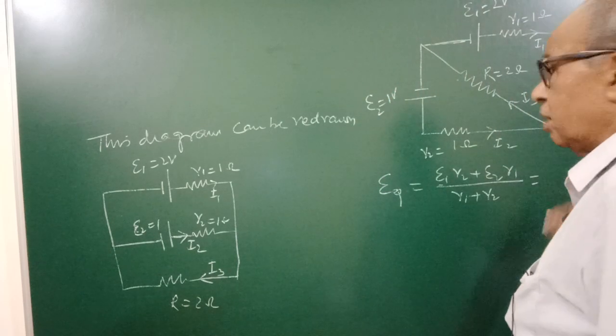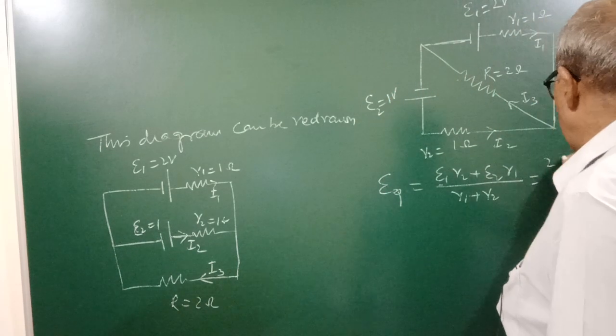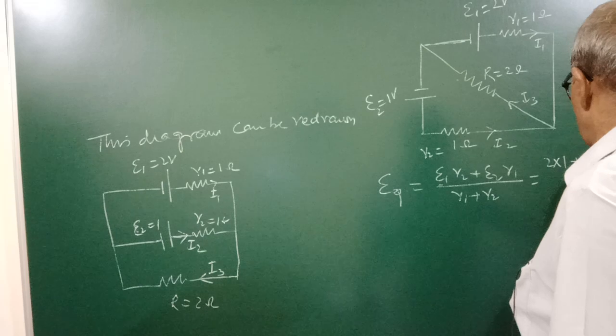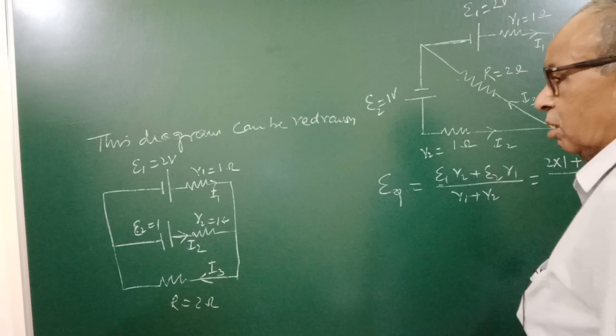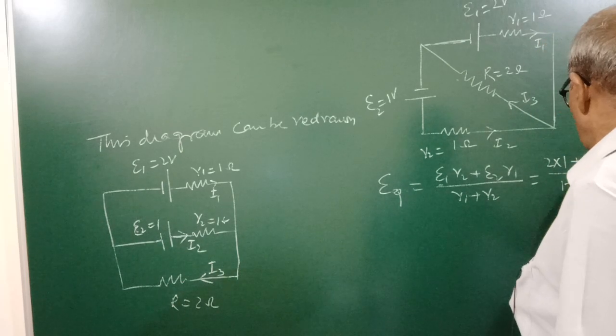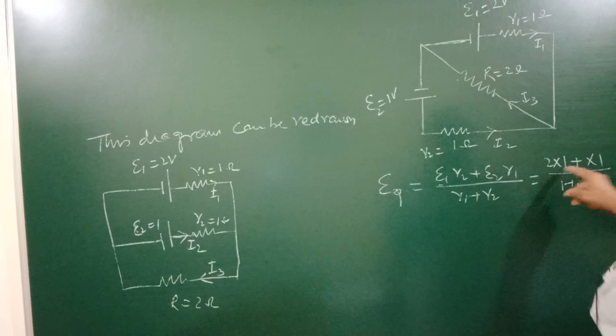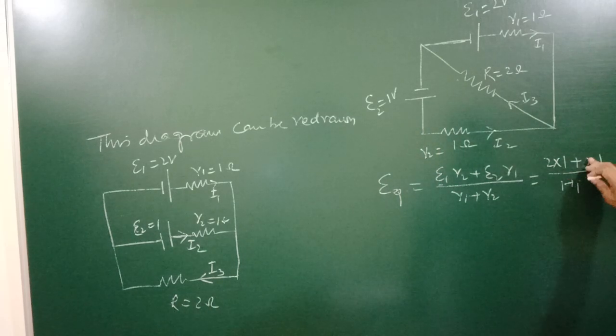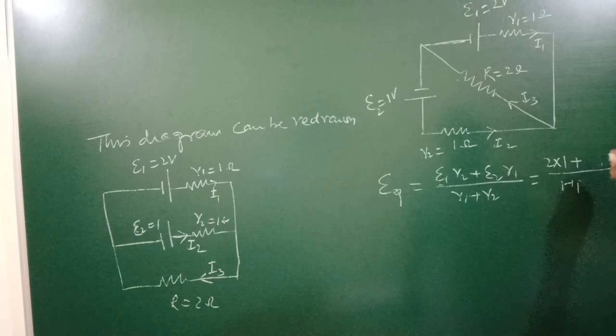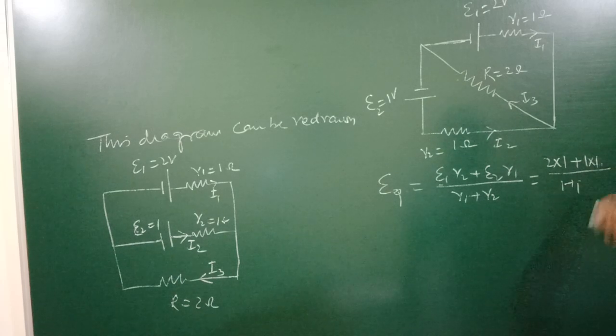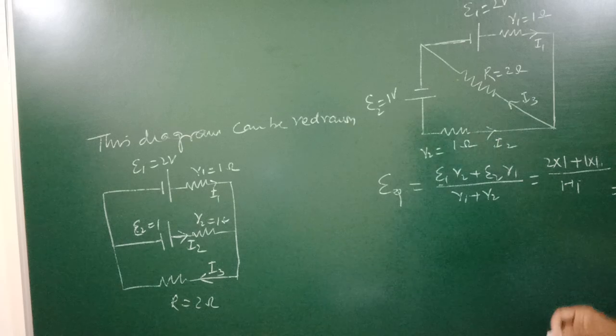So here it is (2 into 1 plus 1 into 1) upon (1 plus 1), which is 3 upon 2. So it is 1.5 volt, the equivalent EMF.